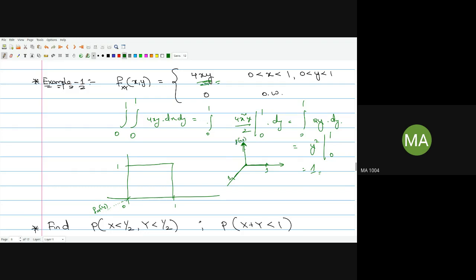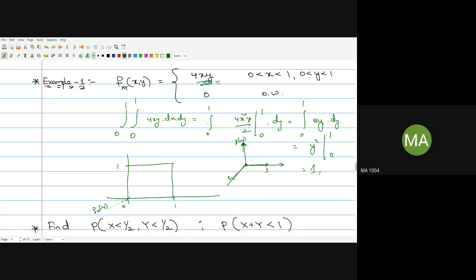Let's say this is f(x,y). At 0 it will be 0 only, the density will be very less. As it comes to 1, the density will increase slowly. At 0, 1 also it will be 0, and at 1, 0 also it will be 0.